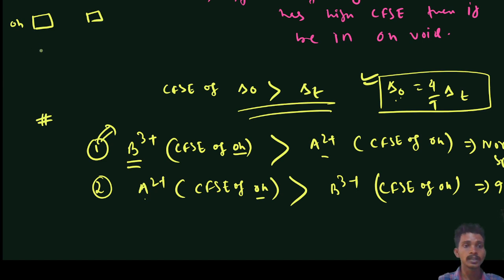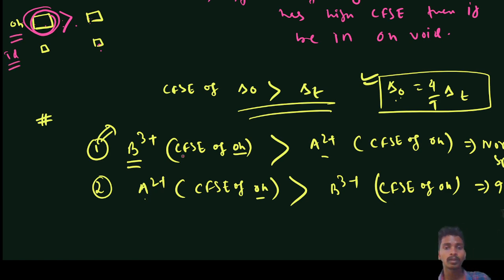Now the tetrahedral value will be smaller in both. So whichever one has the higher CFSE will be in the octahedral sites. So if I calculate the CFSE and this is greater than this in the octahedral case, then this must be greater than this in the tetrahedral case too. So if you know that the octahedral CFSE is greater, then obviously this is greater than this, so we don't need to calculate the tetrahedral. We only calculate the CFSE of octahedral. After that, if it is high, then that will go to the octahedral sites.